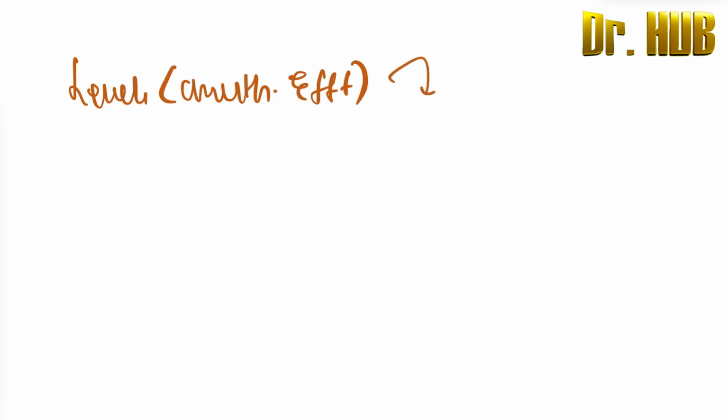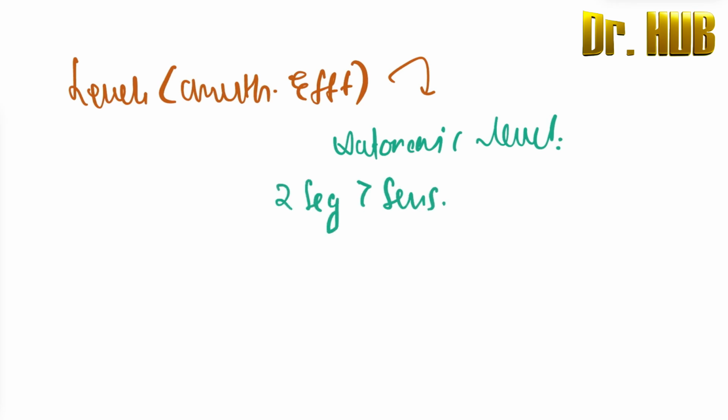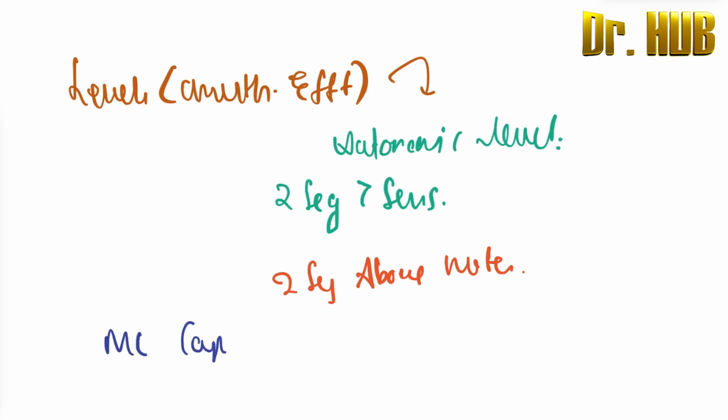The autonomic level is 2 segments above the sensory, and the sensory is 2 segments above the motor. Now the most common complication, MC, is hypotension.